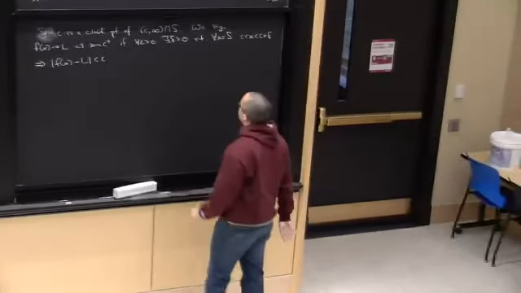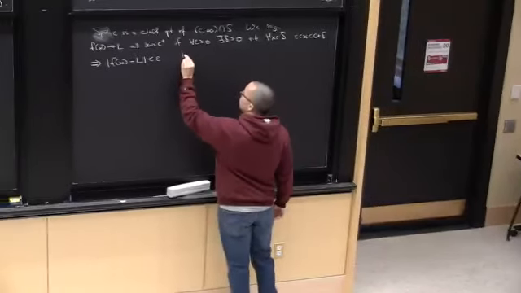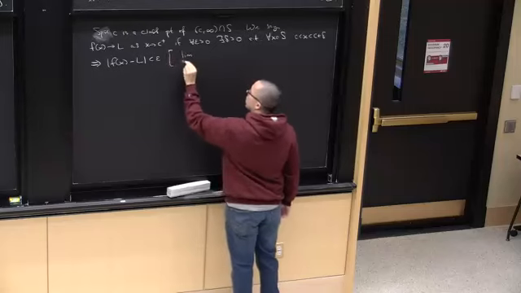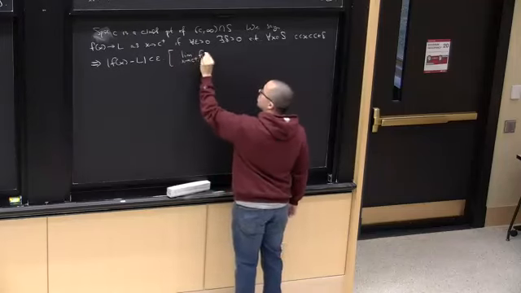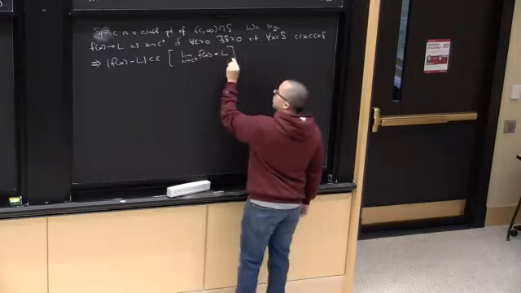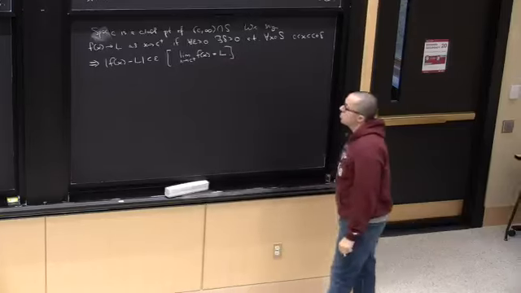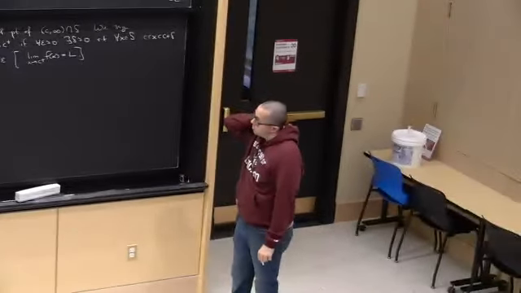Okay, and similarly to the notation up there, we write the limit as x goes to c plus of f of x equals L. Okay?